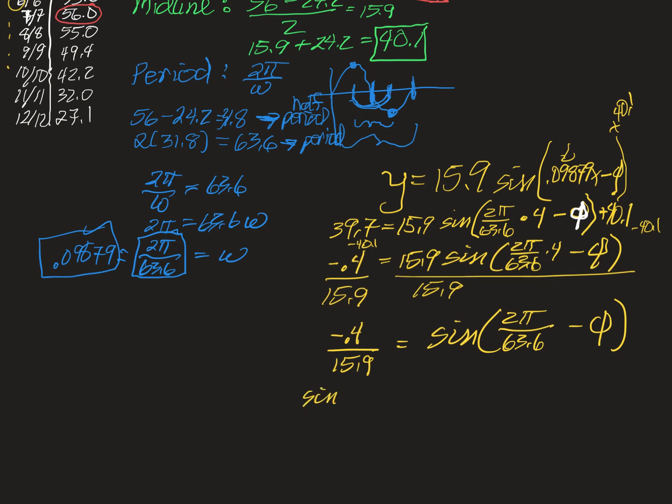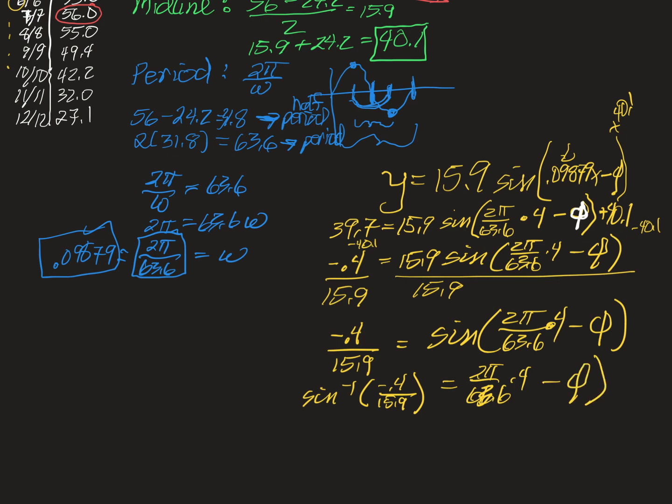So the inverse sine of negative 0.4 over 15.9 equals 2 pi over 63.6 times 4, forgot my times 4 up here, minus phi.